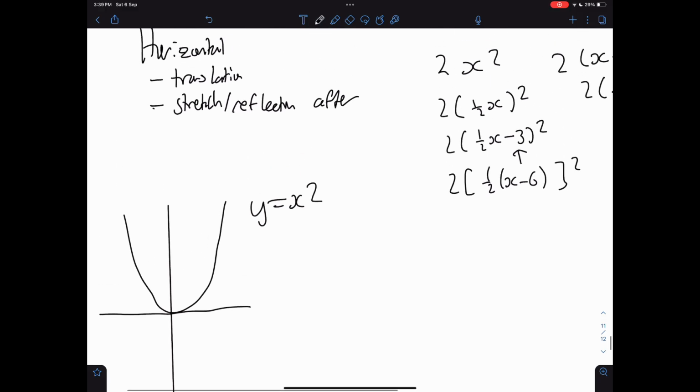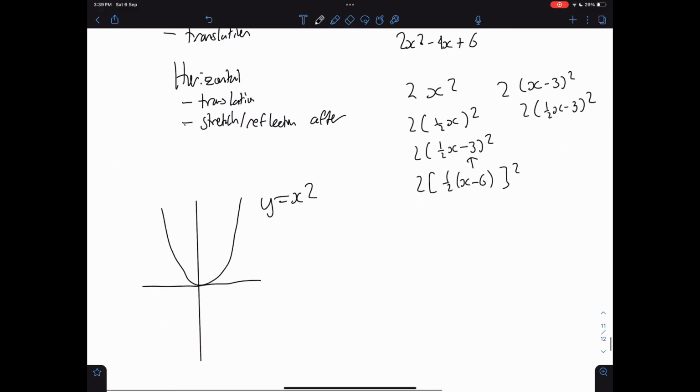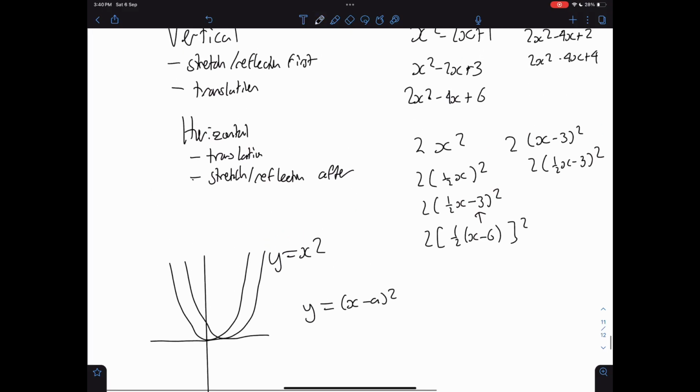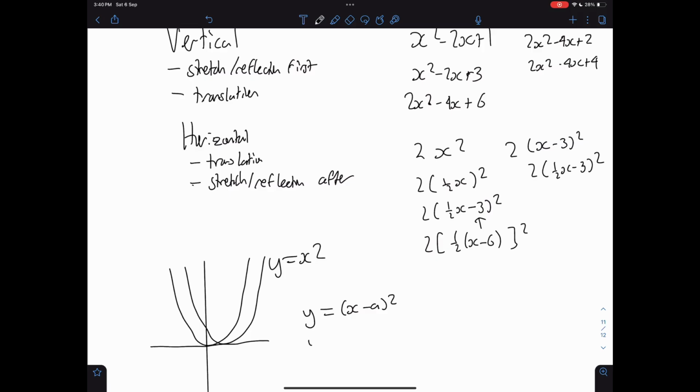Remember, we do our horizontal translations first. We'd make it like that. And then if we applied our vertical transformations, I'm doing this deliberately to match our completed square form.